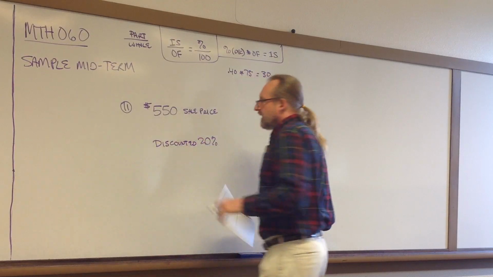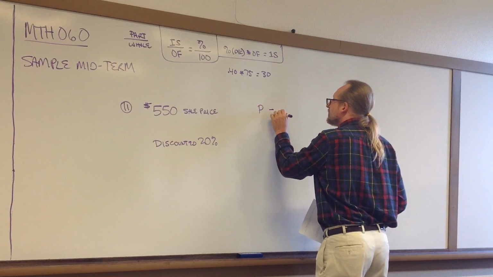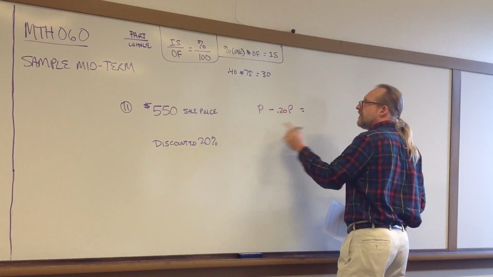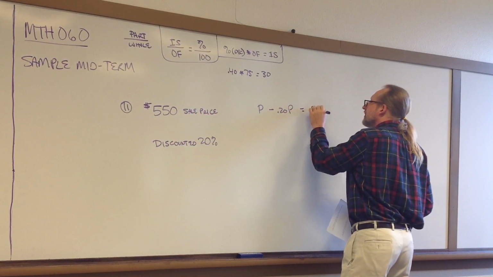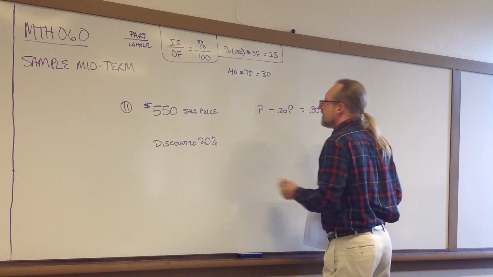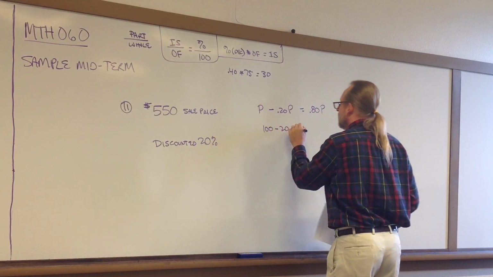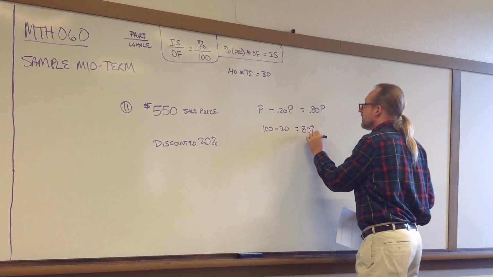Discounted 20%. What that means is that there was some price, then we subtracted 20% of that price, and that's what this represents. The new price is 0.80. Another way to think about this is if you take 100 minus the discount, then that's 80%. Okay?